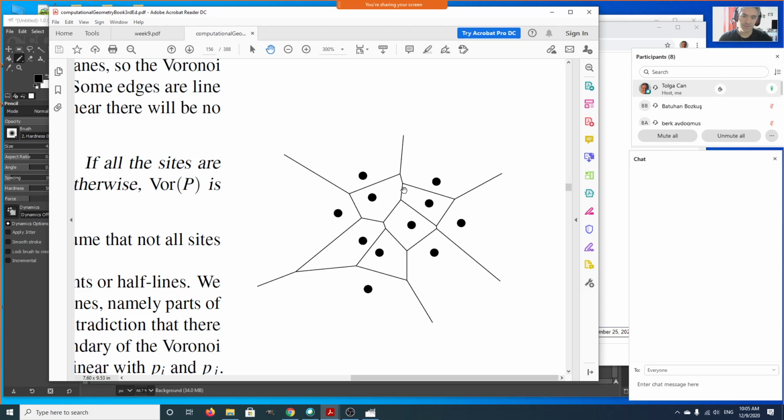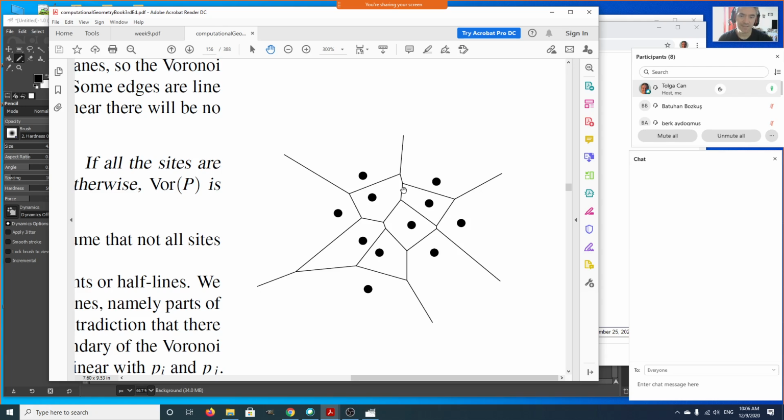And this is a really interesting problem because the input points are not part of the output. It's not like convex hulls or other structures that we have seen. In most of the things that we have seen up to now, the input points, somehow we use them either as vertices or they form the output.